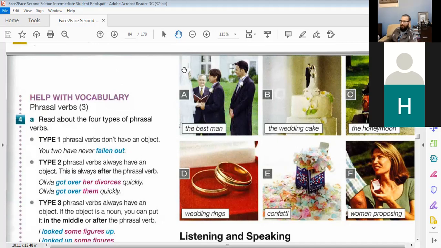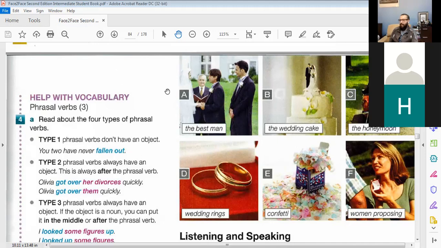Okay, so what's the first tradition they talked about in the program? The best man. Right. Best man, yes. Yes, the number one was the best man. And number two? D, the wedding rings. Correct. Right, after that? B, the wedding cake.